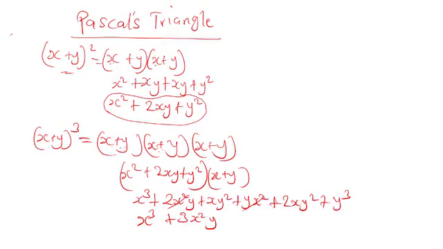So I'm done with this x squared y. Then plus this will give us another 3xy squared. That's for these two. Then plus y cubed. So if you expand (x + y) raised to the power 3, you have x cubed plus 3x squared y plus 3xy squared plus y cubed.